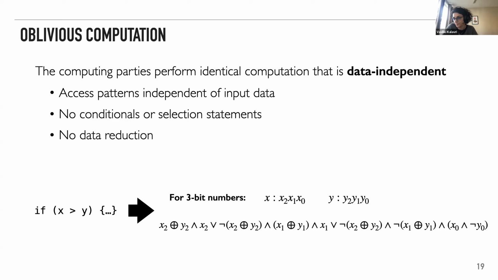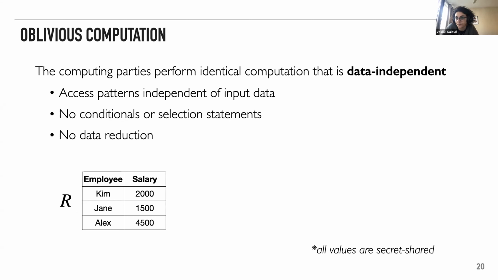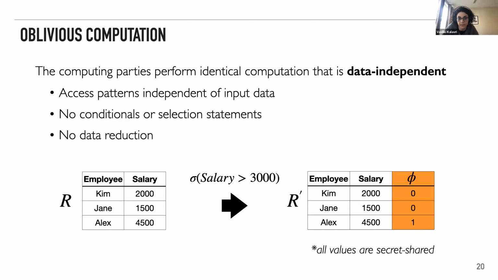Now, if you have inequality and you have equality, then you can apply predicates on tables. For instance, if I have a table of employee and salary, and I want to compute a selection, let's say salary greater than 3,000, I will apply this formula row by row, and then I will get a secret sharing of a bit, 0 or 1.